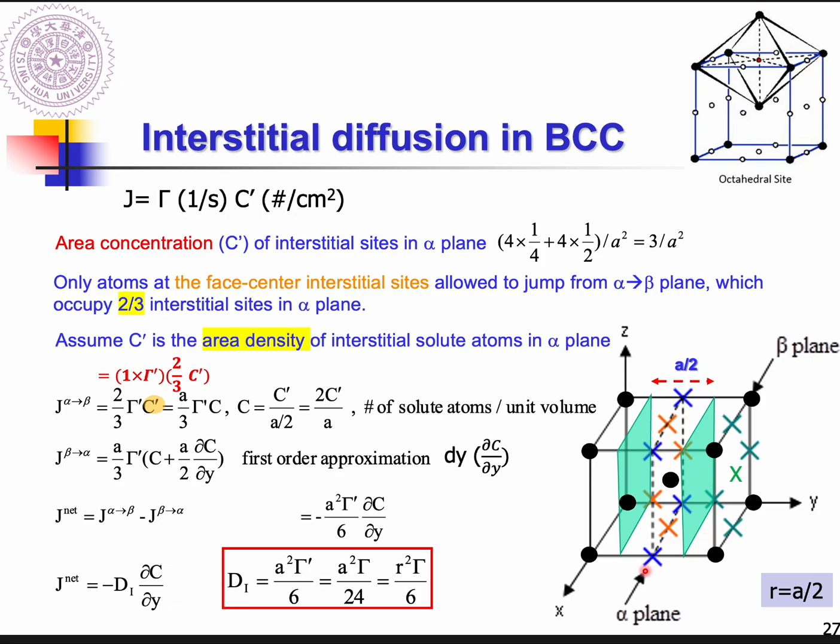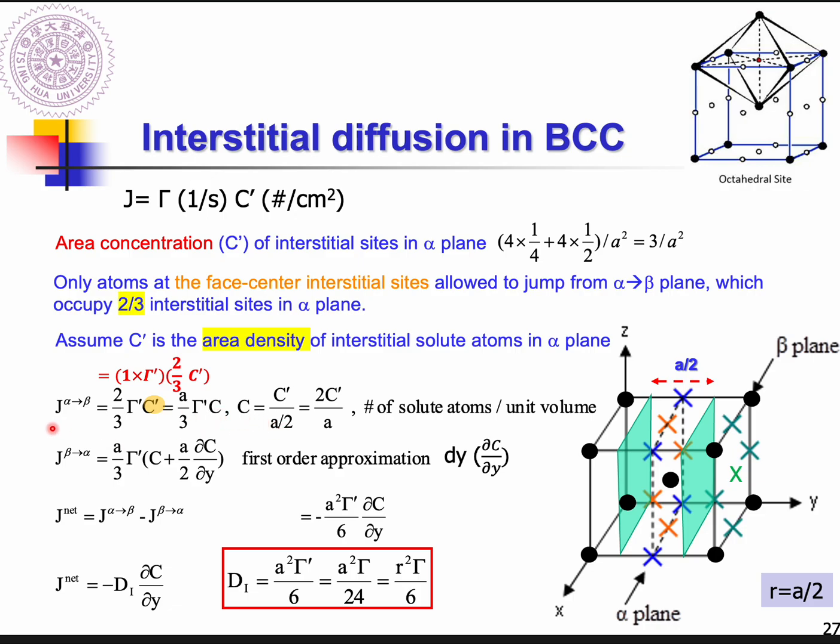When I choose this volume, the total number of atoms remains constant, this volume does not involve extra interstitial sites, and this volume can be duplicated, right? So we just divide C prime by the length of this volume, A/2. So C prime equals C times A/2, and we use this to substitute C prime.